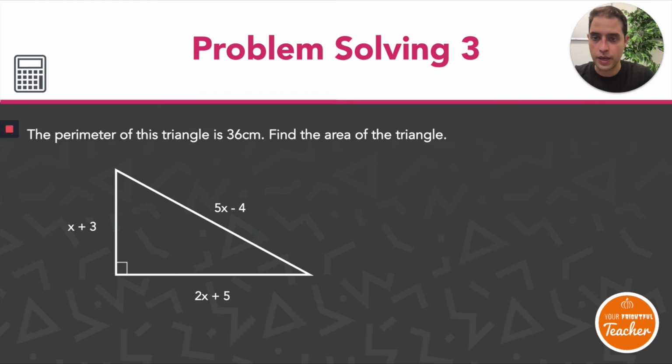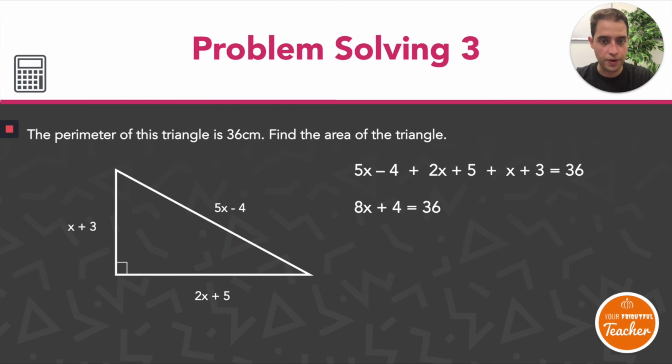You can use a calculator for this, but we're going to work it out without as well. So first thing I do is I write down everything that I know. So I hinted about starting with the perimeter. So I would write everything down and then I would simplify.